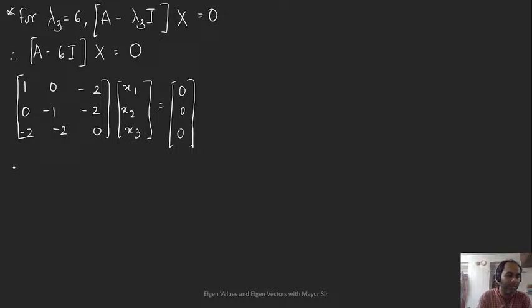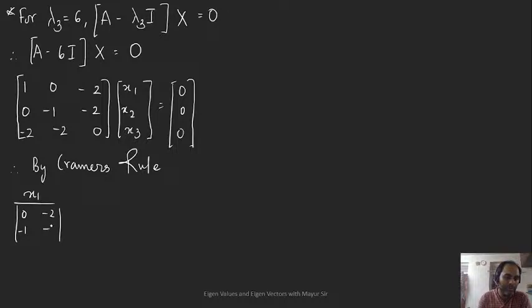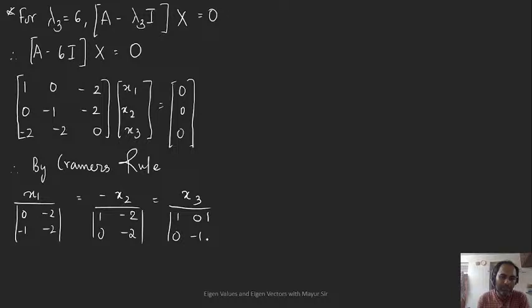Okay, and now let us go ahead. Here we shall calculate the eigenvector by Cramer's rule. So by Cramer's rule, you have x1 over the determinant of 0, minus 1, minus 2, minus 2, minus of x2 over 1, 0, minus 2, minus 2, and then x3 over 1, 0, 0, minus 1.